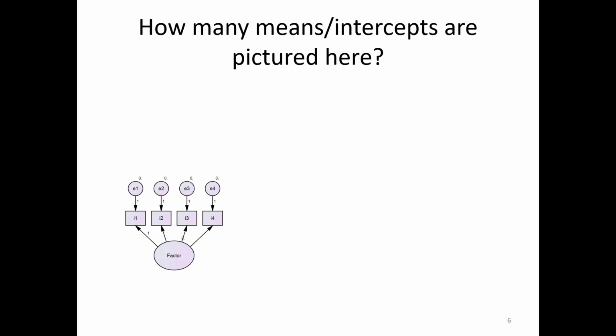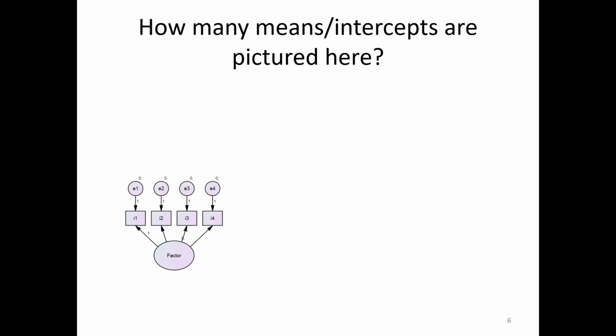And I could allow the latent mean for the other group to freely vary. Well, okay, so that's one constraint, right? So if I did that, right now I'm trying to estimate 9 parameters with 8 knowns. So I still need to do something else.